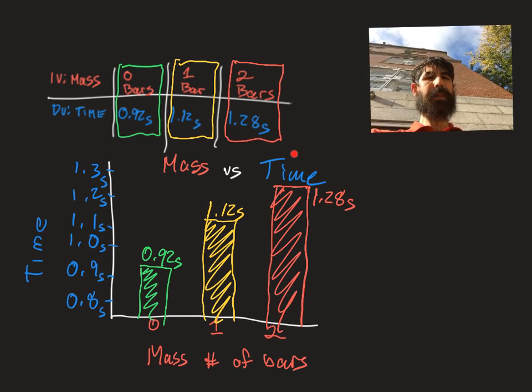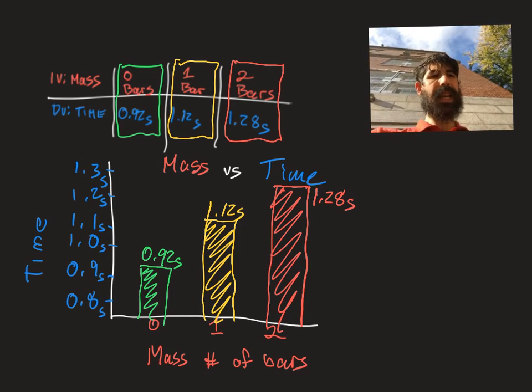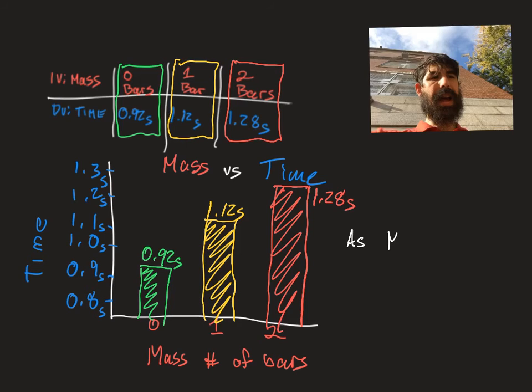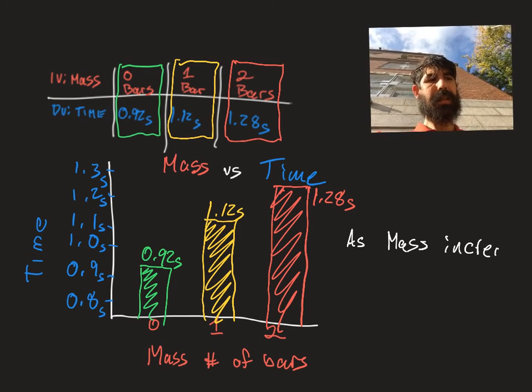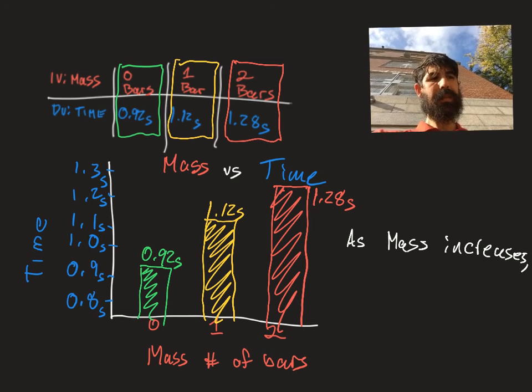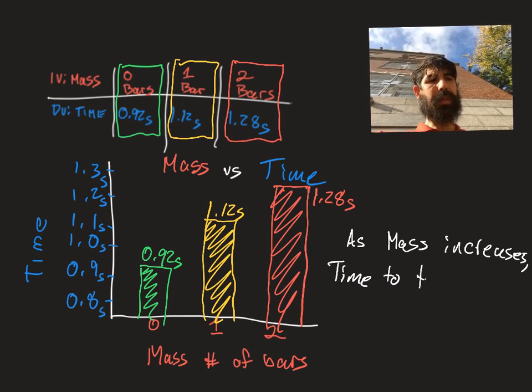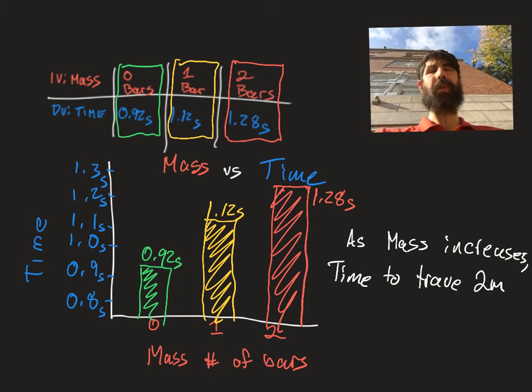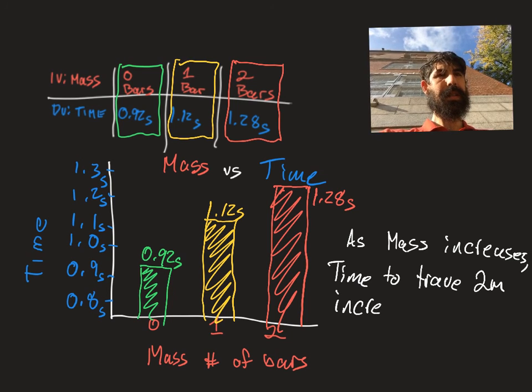I've got my title, I've got my labels, and I've got my bars, and I can interpret it. I can say as mass increases, time to travel 2 meters, because that's how far the cart was traveling in my experiment, increases.